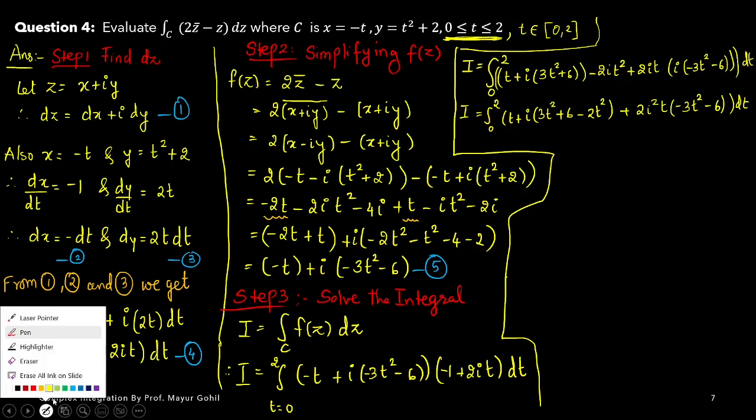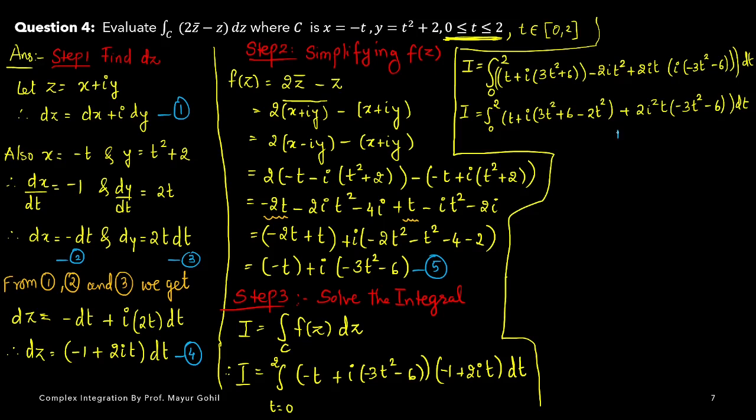Now we know this properly, that i square is minus 1. So we will now have the value for I is equal to integral 0 to 2 over here, and then we have t, and this is coming to i times t square plus 6.